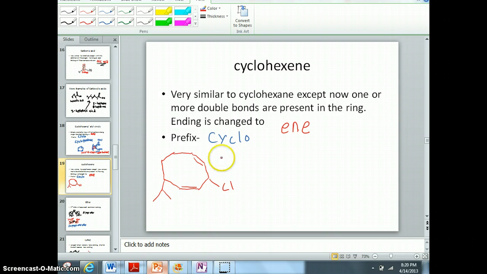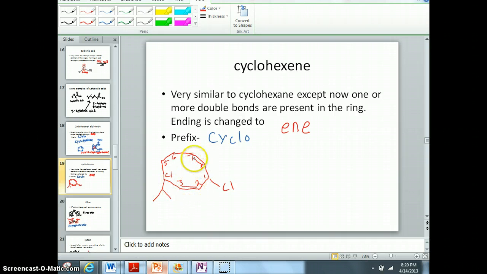Alright, so how would you go about naming something like this? Well, you have to know that in order of precedence, the chlorine is going to come first. So this is going to get 1, and then we're going to go this way, 2, 3, 4, 5, 6, 7, and here's 8. The reason we do this is because we have a branch here.